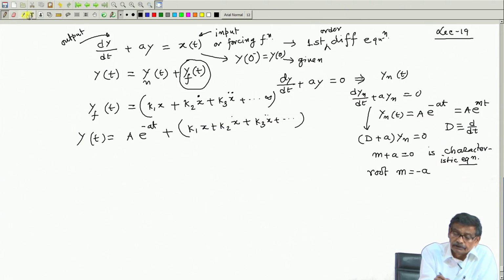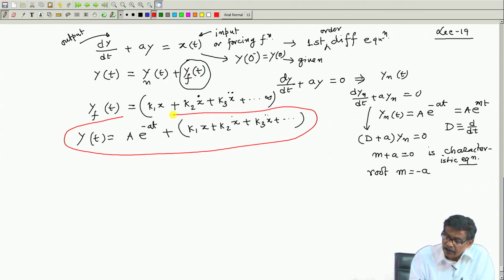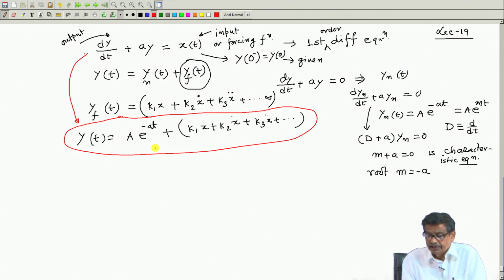This is the solution, and the point I want to make now is that, given the differential equation, I am not going to integrate or things like that. Straight away from this I should be able to write the solution. So, here the nature of the solution is known, only these constants are to be determined. So, how to do that?